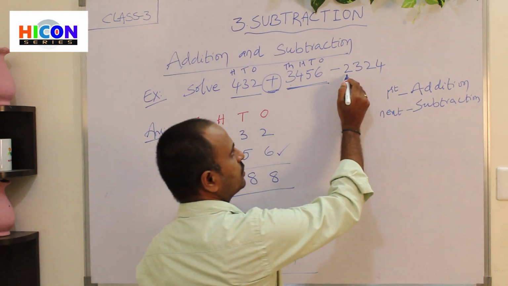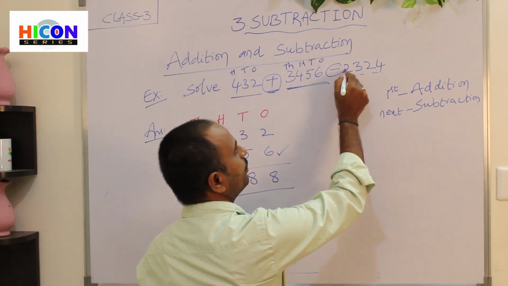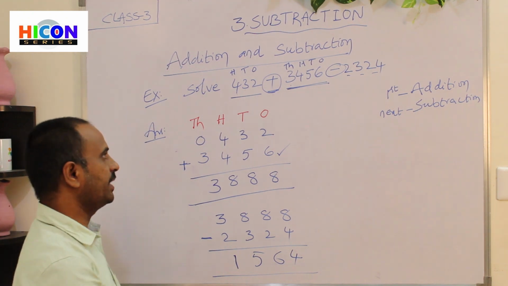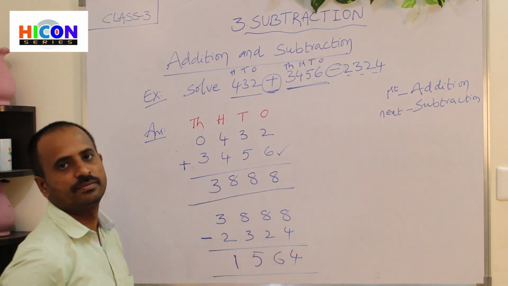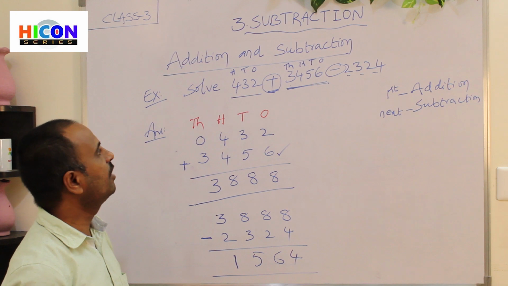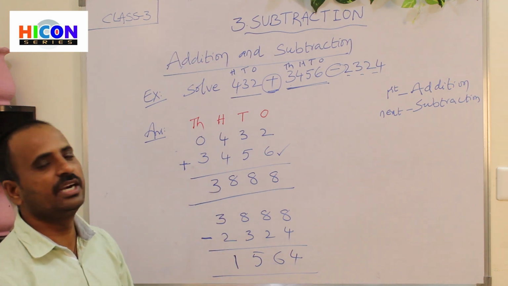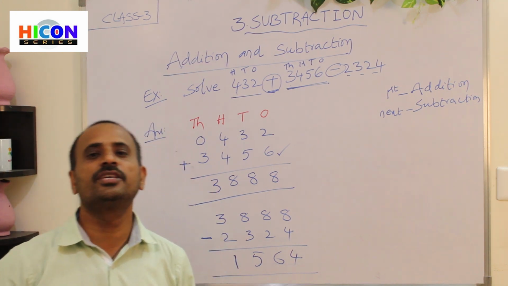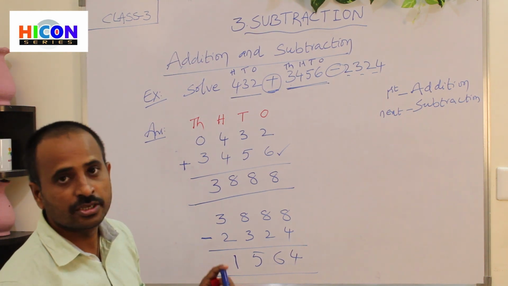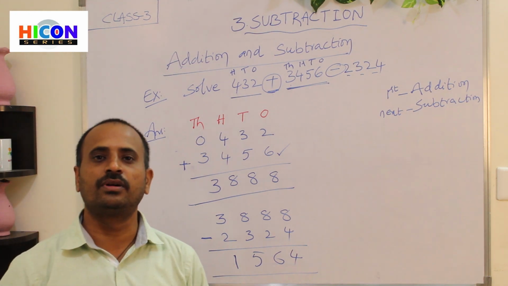And the number 2324 has a minus sign before it, so subtract the third number from the sum. This is the way we do the problem if both addition and subtraction are given in the same problem. Let us practice some more problems in the exercise part.